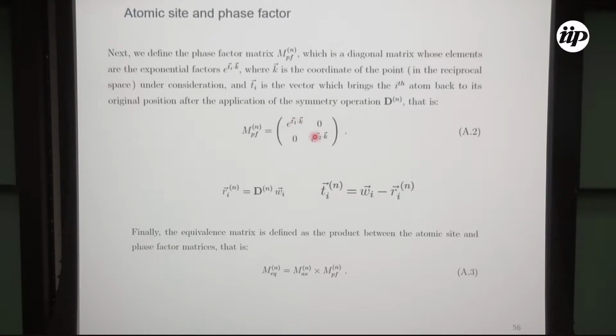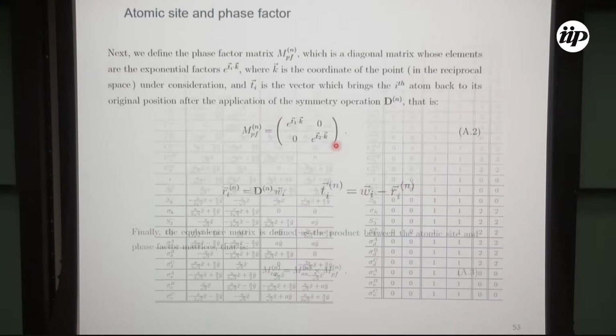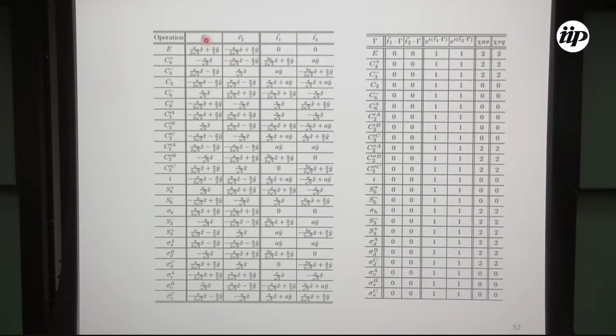And then I have the vector T2, which is the vector that brings atom 2 back to the original Wyckoff position, all right? And k is the wave vector of the point of the Brillouin zone at which you are doing your analysis. If you're doing just the zone center, it's gamma, so k is 0. Okay, so it's important that you take all the operations and then calculate what the position is after.